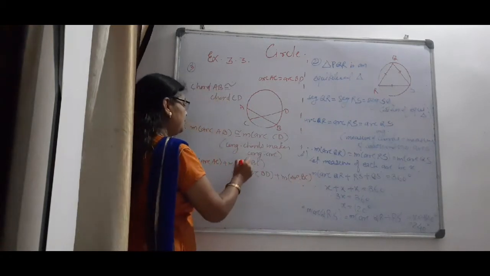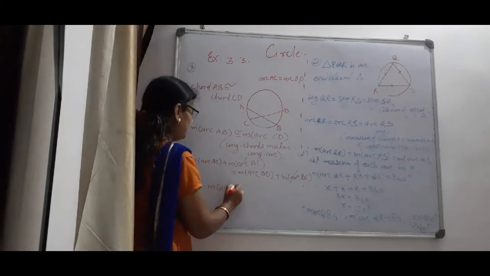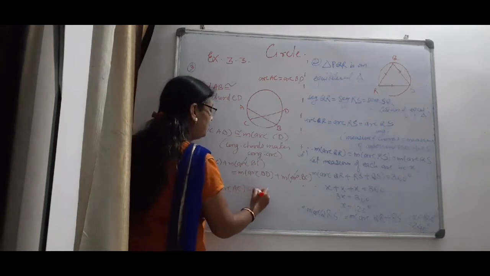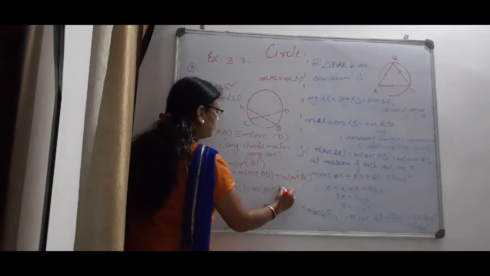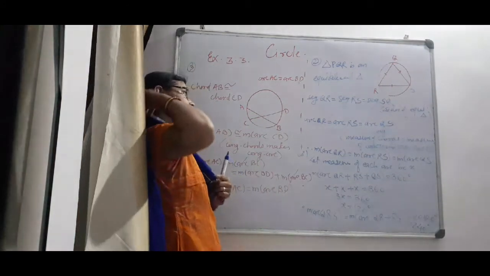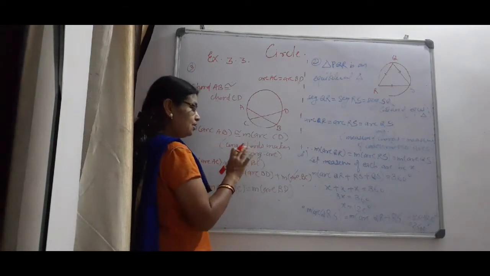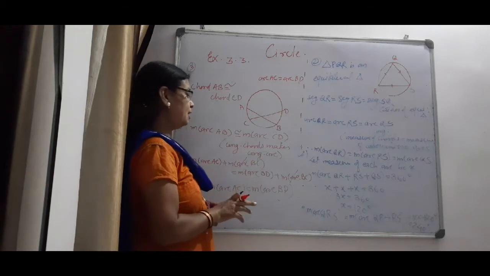Now BC and BC will be cancelled. What you get? The measure of arc AC is equal to the measure of arc BD. Which property did you apply? If chords are equal, then the corresponding arcs are also equal. Congruent chords make congruent arcs.